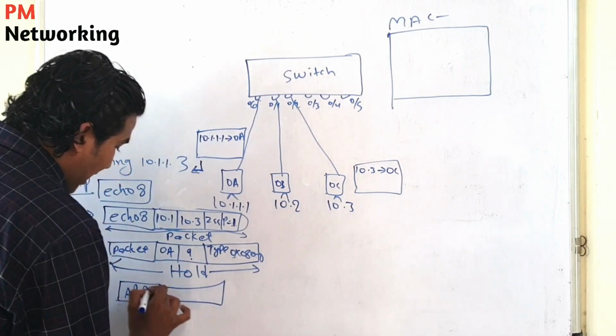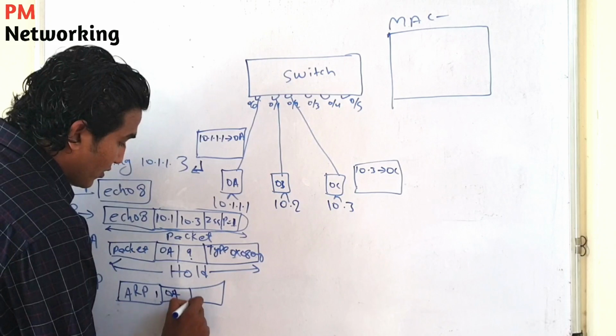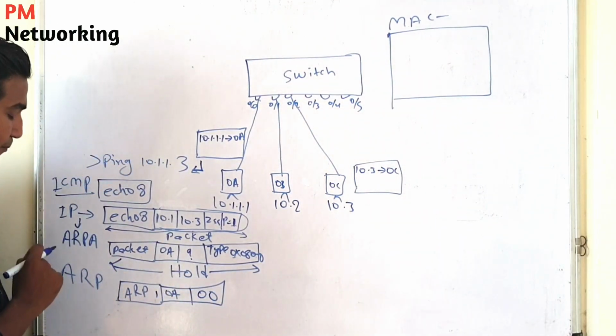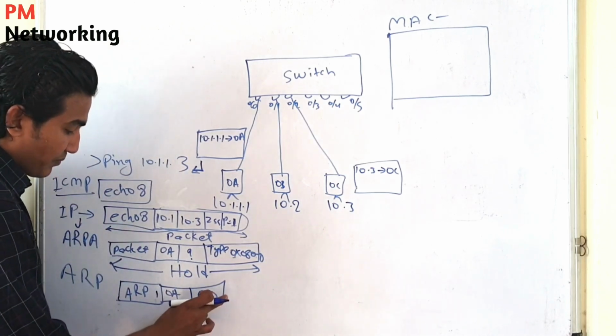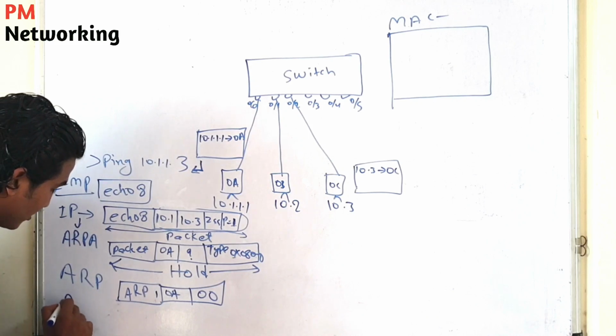The ARP protocol will add the source MAC, which is 0A. What will be the destination MAC? 0, 0. And again the ARP protocol will hand over this ARP request to the ARPA protocol.